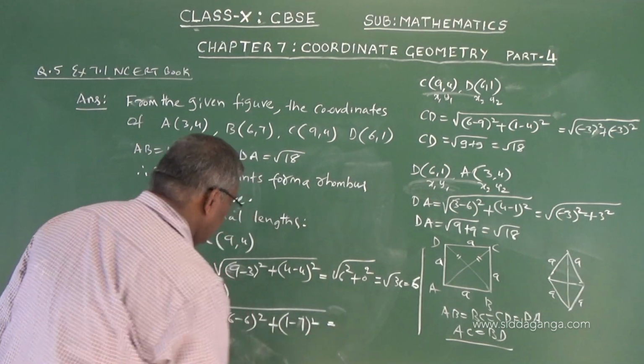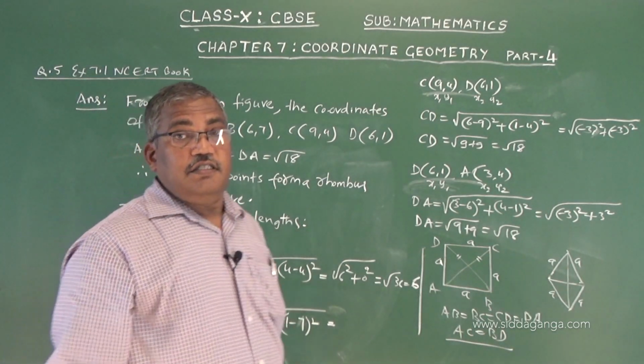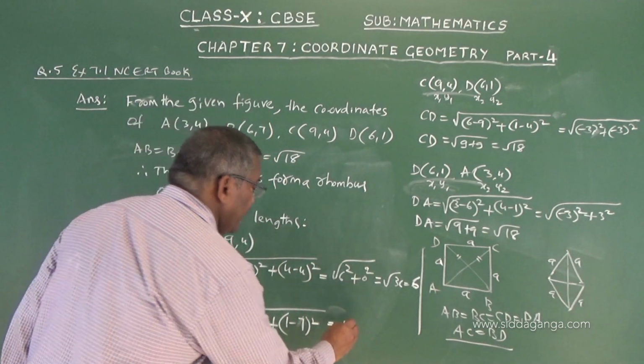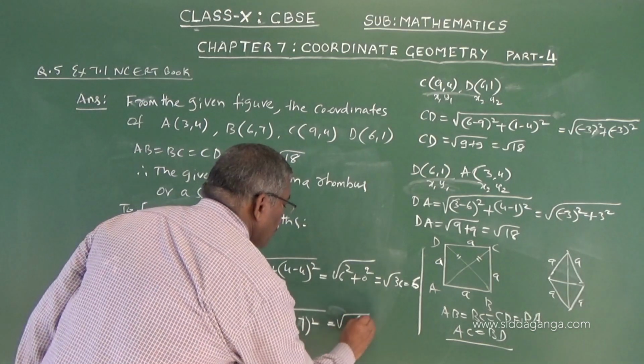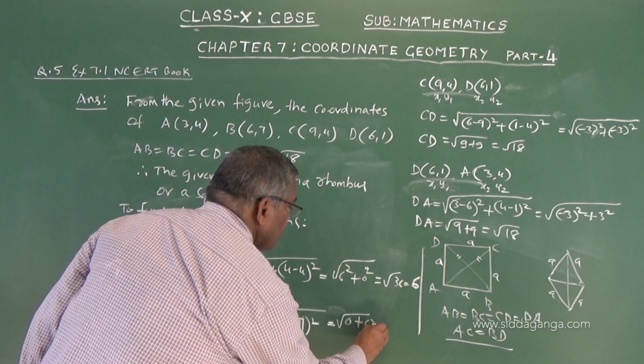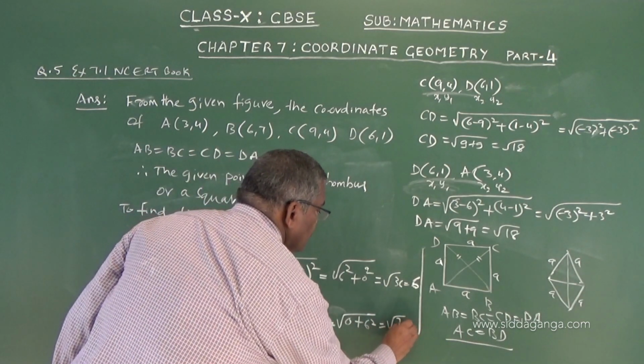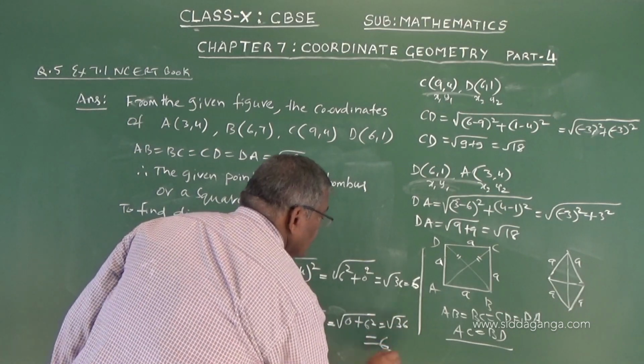Here you can see 6 minus 6 is 0, 1 minus 7 is minus 6. So here also we get square root of 0 plus 6 square. That means root 36 equals 6.